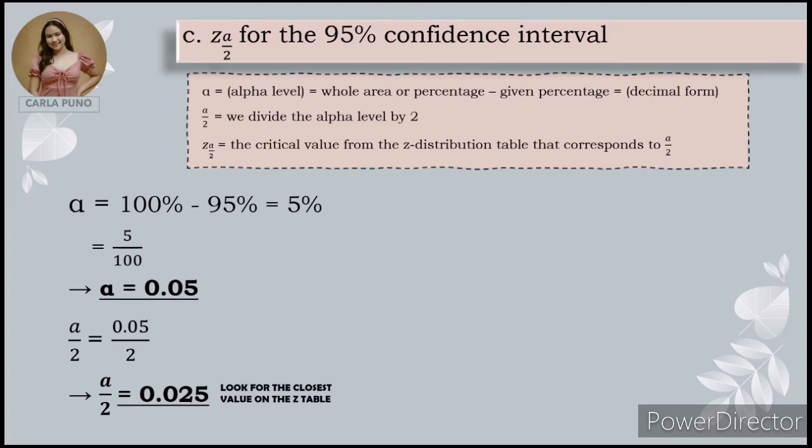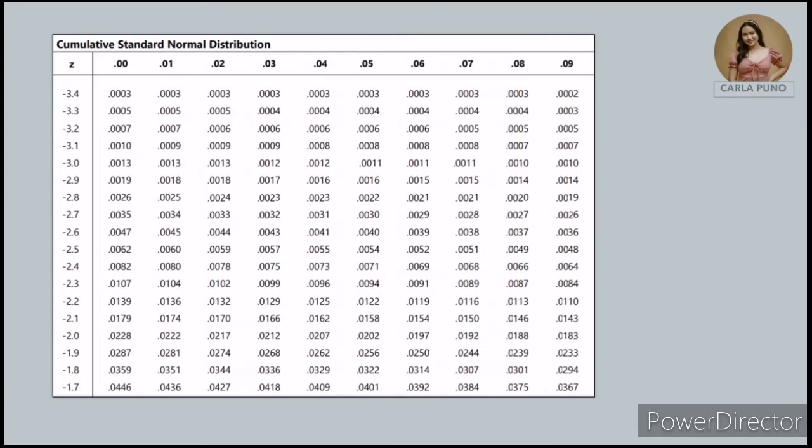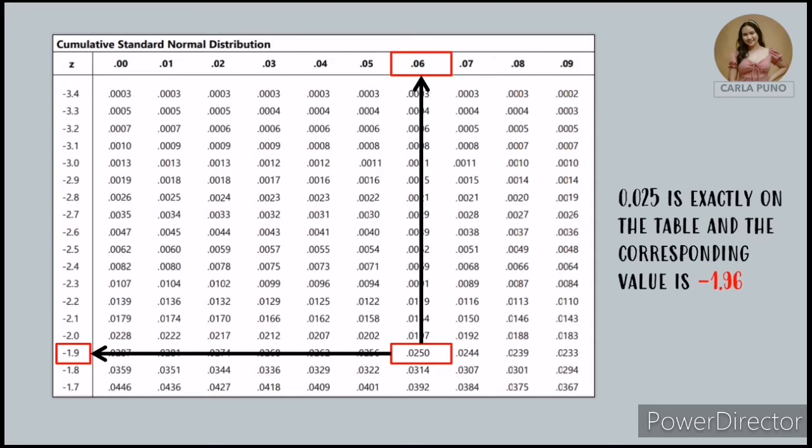And now we are going to look for the closest value on the z table for our 0.025. Remember, we are looking for the closest value for 0.025. 0.025 is exactly on the table, and the corresponding value is negative 1.96.